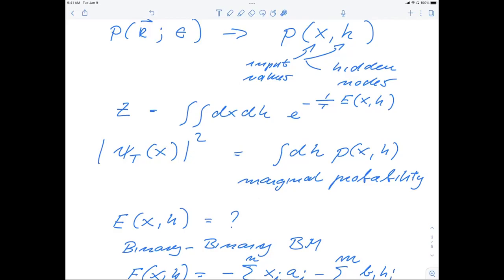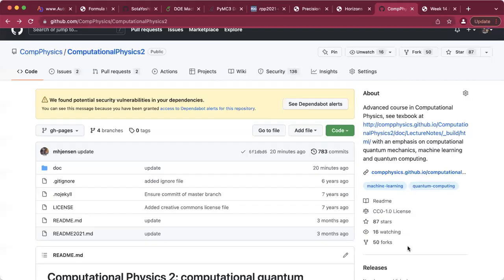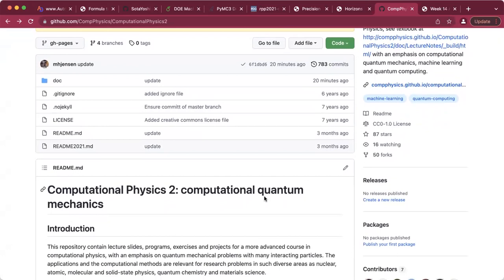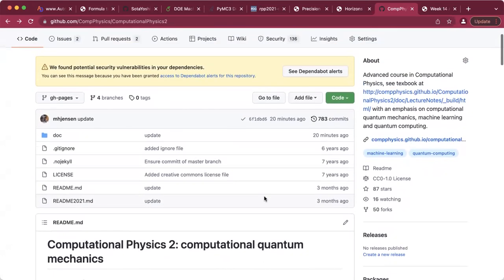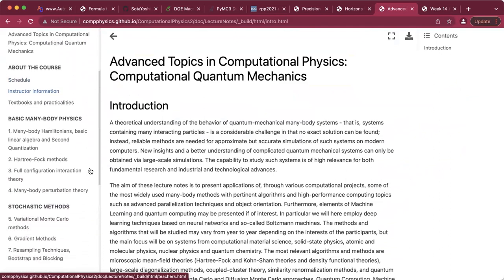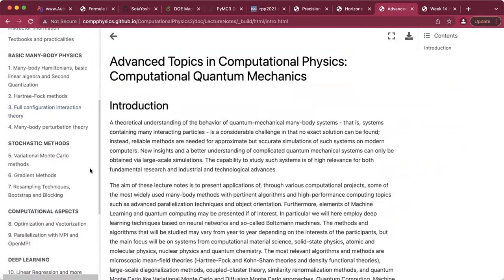So I'm going to jump out of the whiteboard and go back to this basic material which we have. This is the basic GitHub entry point. If you then go into the Jupyter book which we have and click on that link up here, that gives you a collection of material which we have been teaching throughout the years in this course. We've also been doing standard many-body physics.